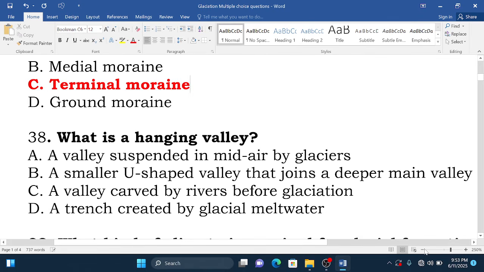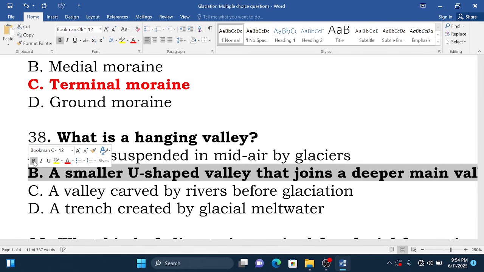C, a valley carved by a river before glaciation. D, a trench created by glacial meltwater. So a hanging valley is a small U-shaped valley that joins a deeper main valley. It is otherwise called a tributary valley.